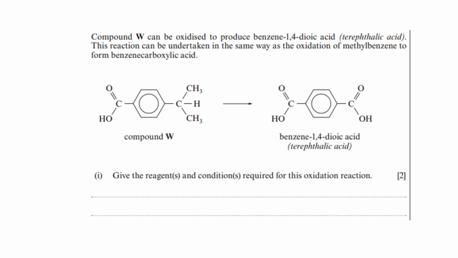Okay, so this question here is all about compound W, and it says compound W can be oxidized to produce benzene 1,4-dioic acid. The reaction can be undertaken in the same way as the oxidation of methylbenzene to form benzene carboxylic acid. So they're trying to jog your memory as to which bit of the notes it is, because it's an unfamiliar reaction slightly, but it's analogous again to a reaction that you do know. So when you look at the structure, it's worth highlighting the different functional groups.